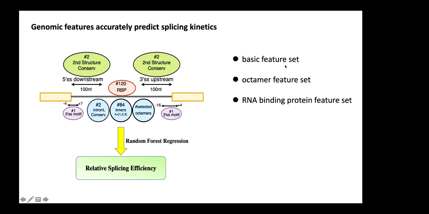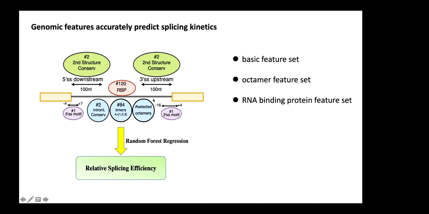First is a basic feature set, including the splice site motif score, intron length, conservation of sequence, secondary structure energy, and the frequency of chimeras. Second is the octamer feature set, and third is the RNA binding protein feature set.